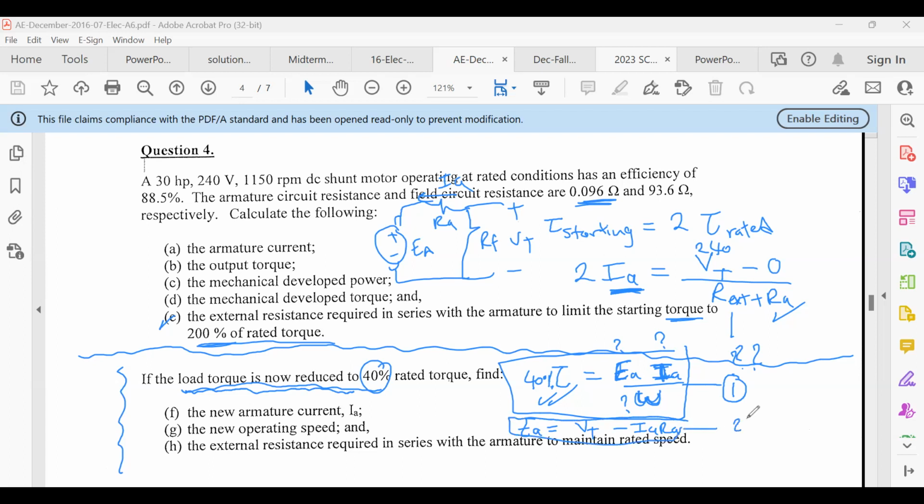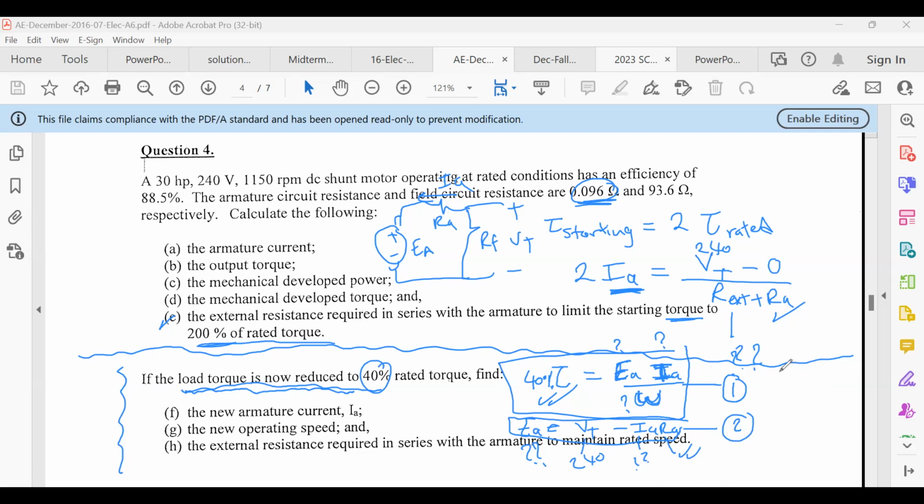This is the second equation. IA, we don't know it. V terminal is 240. RA, we know it. You still have two unknowns in this equation, IA and EA. We need a third equation to solve three unknowns.